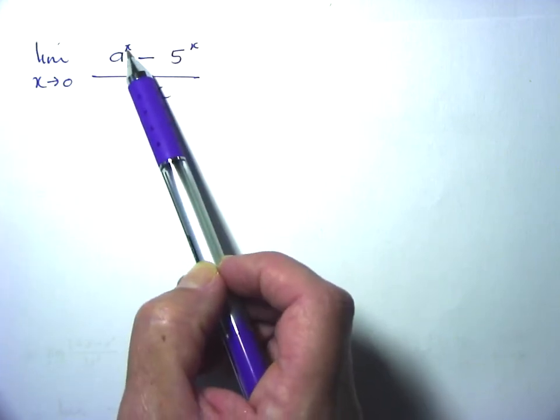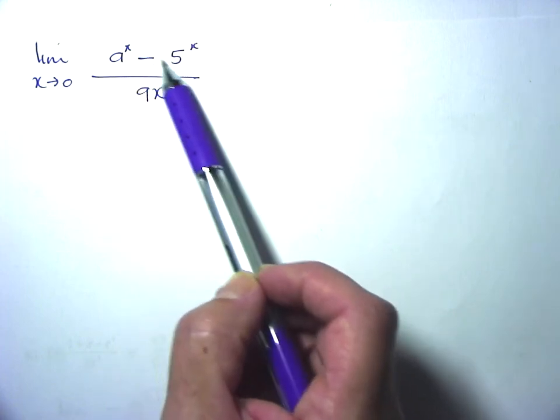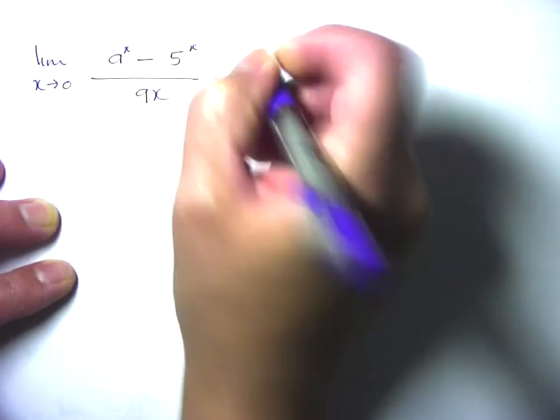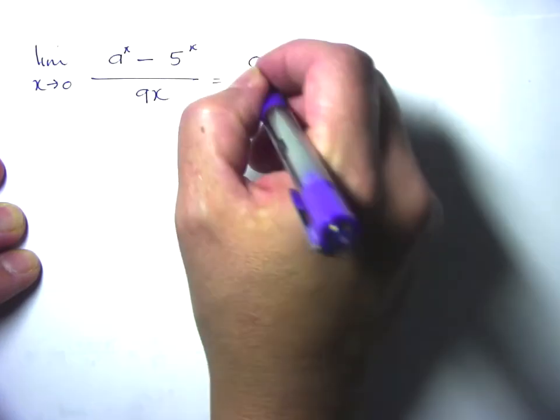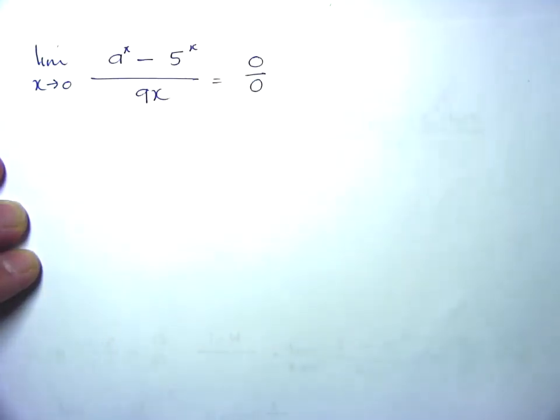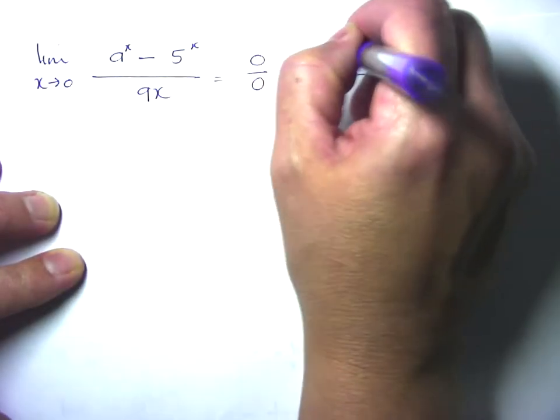So you have a to the power 0 minus 5 to the power 0. You have 1 minus 1. 1 minus 1 is equal to 0. Plug 0 in the denominator also. 9 times 0 is 0. All right, so you see the 0 over 0 form. This is the indeterminate form. This is good because this gives me permission to now use L'Hopital's rule. So now it says I can go ahead and apply this rule.